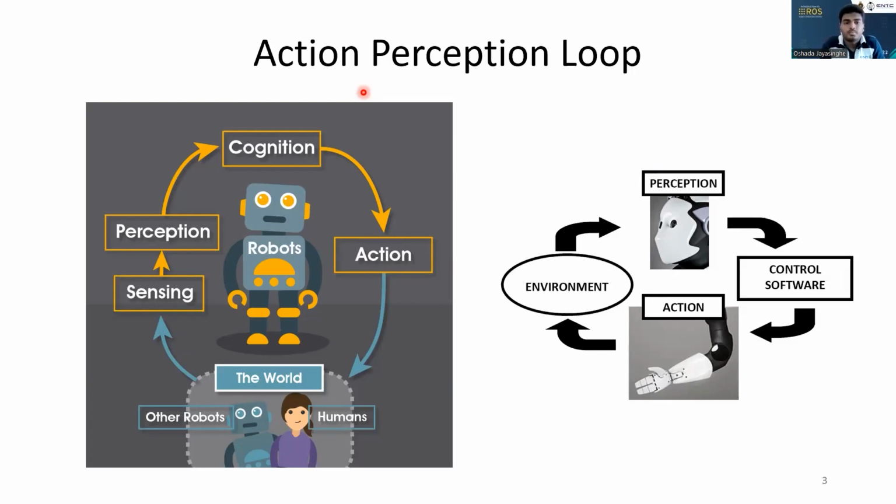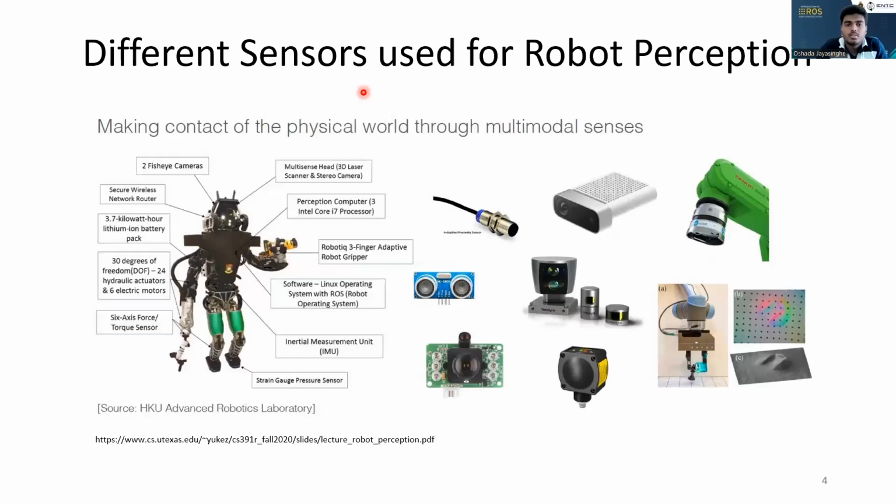And talking about perception, a robotic application would use different kinds of sensors to gain some understanding about the environment. For example, this humanoid kind of robot has different parts. It has the cognition part, the processor, and it also has actuators, the motors and arms. But what we are more interested in for perception are the sensors.